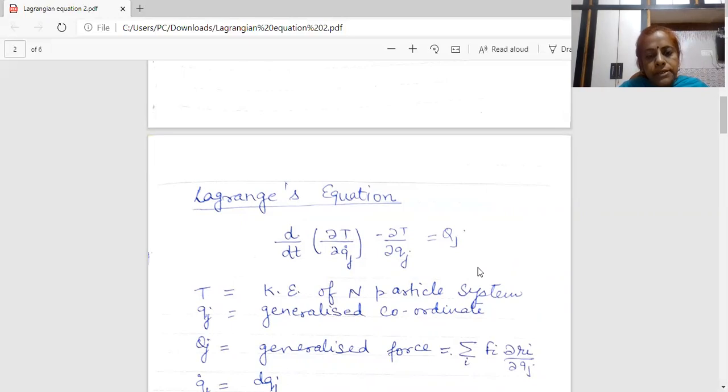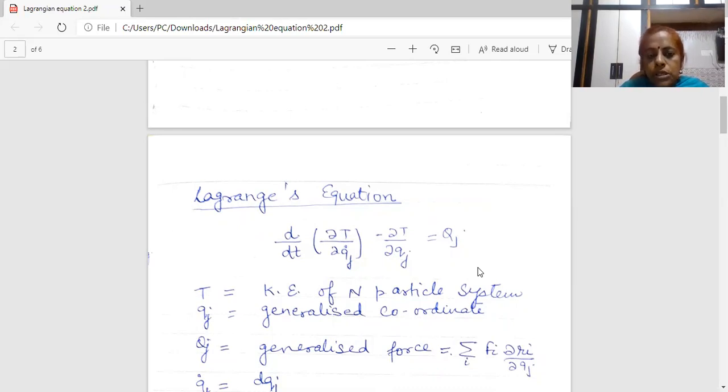But if I restrict the particle to move along a single direction, then I will be in need of only 1 coordinate. So imposing constraint simplifies our problem.